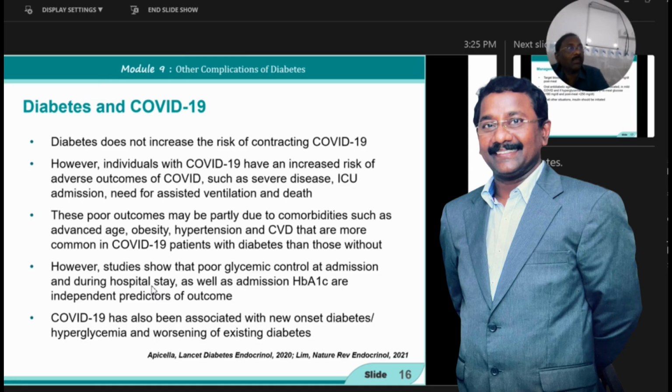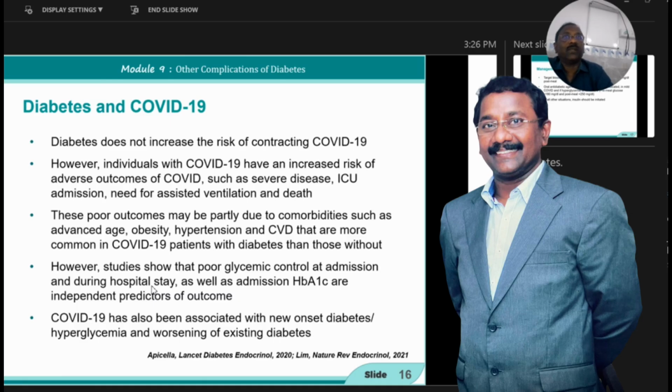Some people who are pre-diabetics with COVID-19 turned into diabetics after the COVID-19 treatment, because they have used a lot of steroids. Because of steroid therapy, the blood sugars have gone up and definitely they are with diabetes. So what is the onset of the diabetes? After COVID.